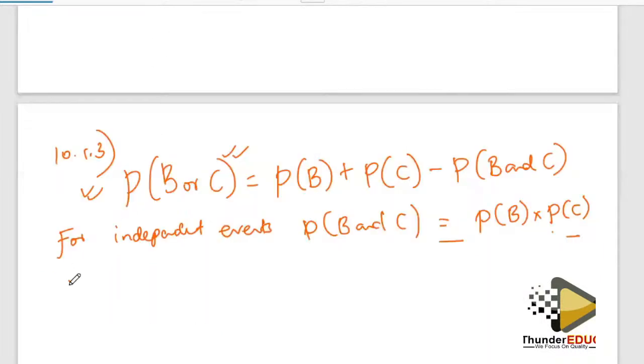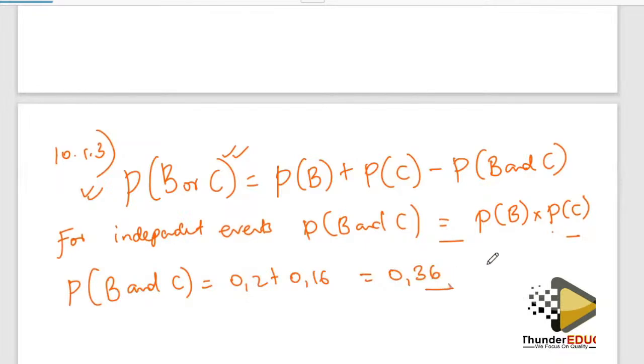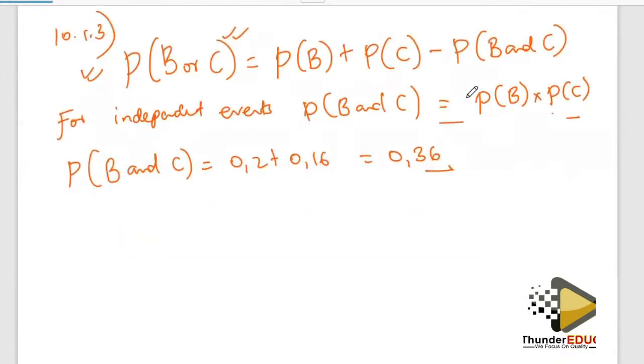Okay, I think I should just highlight that first. B and C is 0.2 plus 0.16, which gives me 0.36. Now, can I find this probability of B times the probability of C?